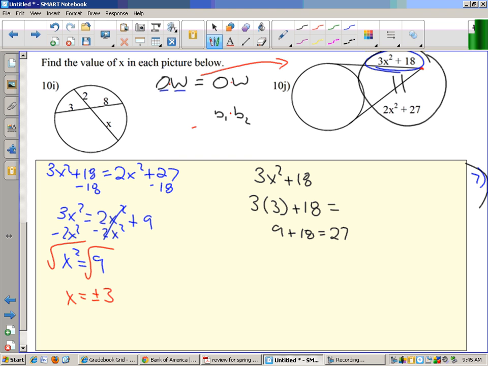Is 27 a valid number for this? Yes. All right, let's try that with 2x squared plus 27. So this is going to be 2 times 9.